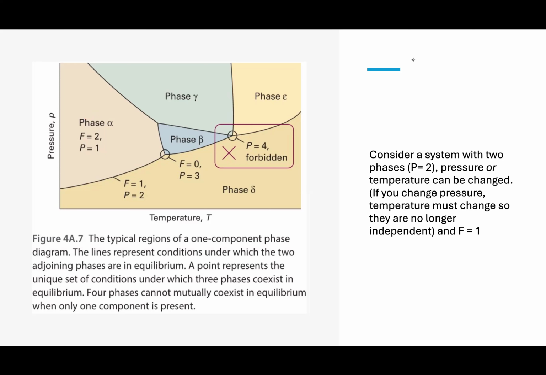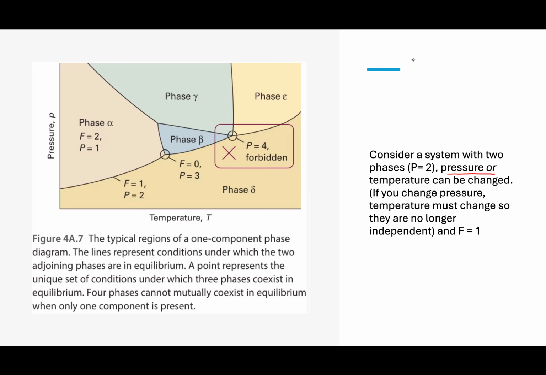Going back, if we look at a system with 2 phases, pressure or temperature can be changed, but only one of them. For instance, on this line right here, where we have 2 phases, alpha and delta together, we can only change one of our 2 things.